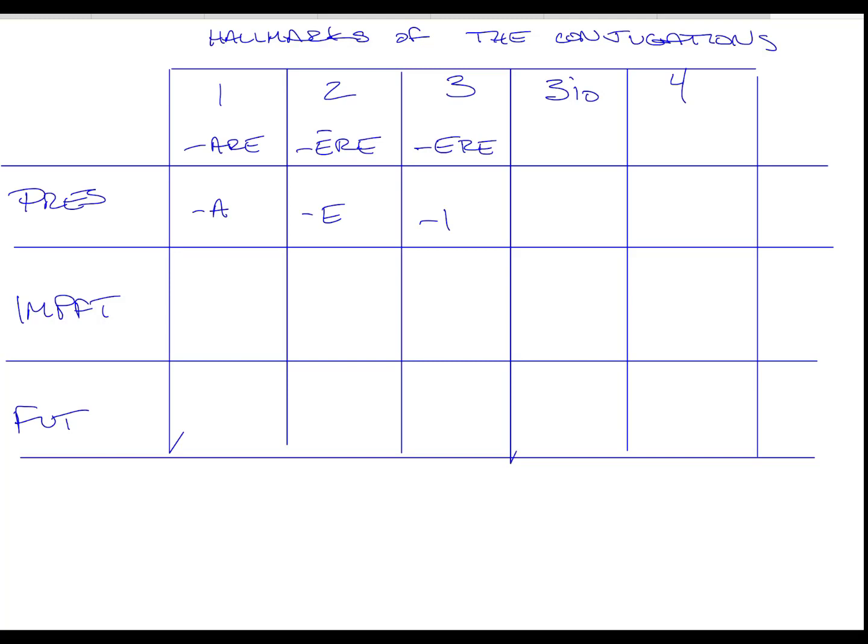The third IO, also an ERE, but guess what? It has that IO in the first. Okay, that's what I mean by that. And that also has an I. Capio, capis, capit, capimus, capitis, capiunt. Fourth, IRE.